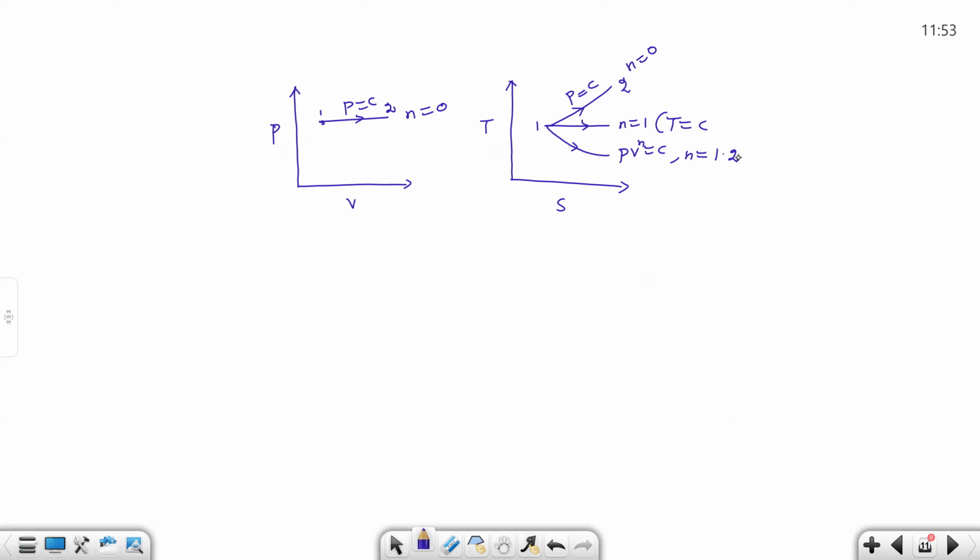Any value, maybe there will be a limitation. See, n equal to gamma, 1.4. So up to that we are talking about. So here n equal to 0, n equal to 1, n equal to 1.2.